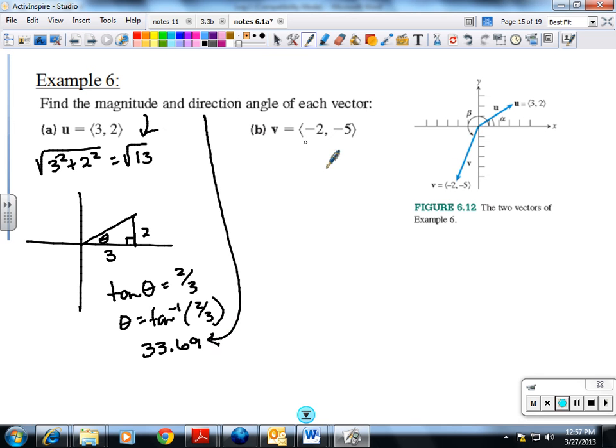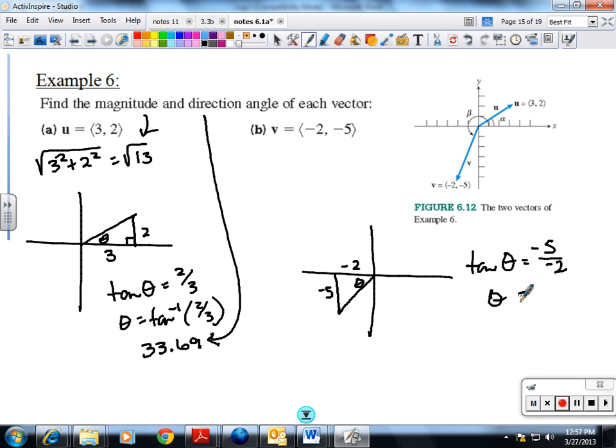Okay, I would do this one the same way. Negative 2, negative 5. So I do tan of theta equals negative 5 over negative 2. So my theta ends up being 68.19.